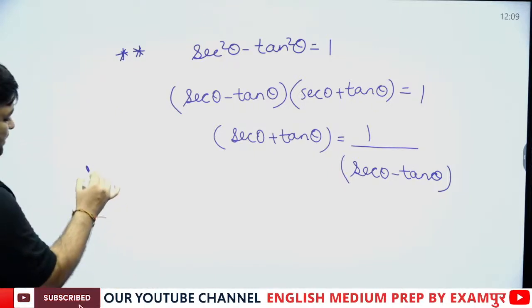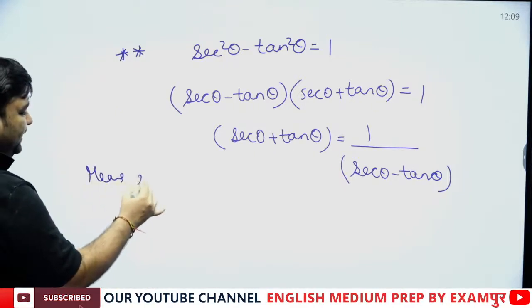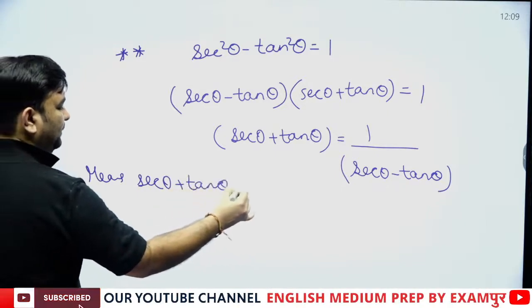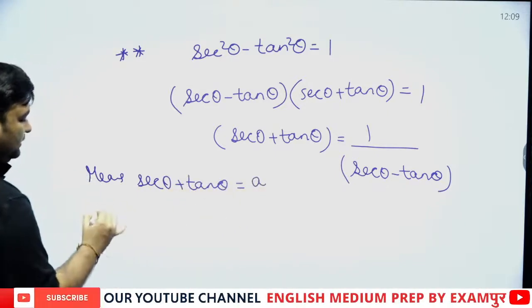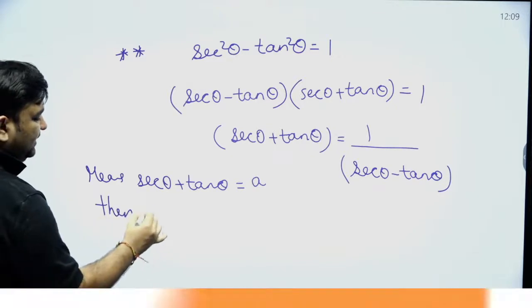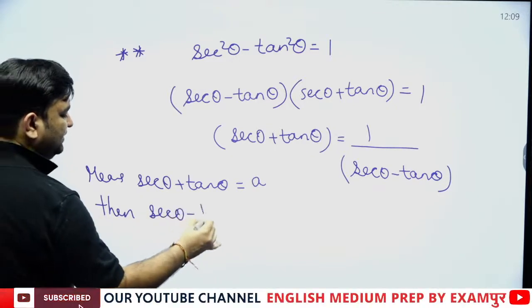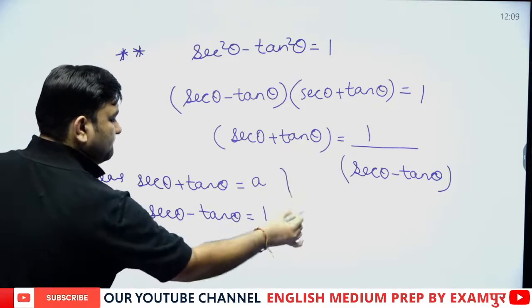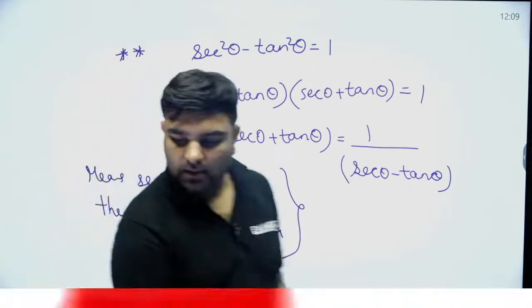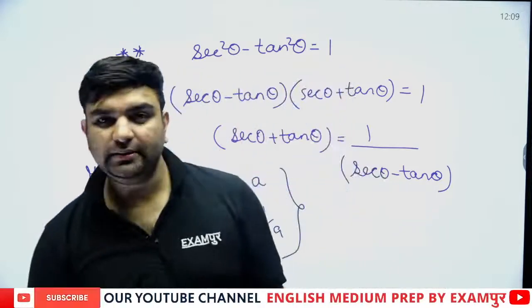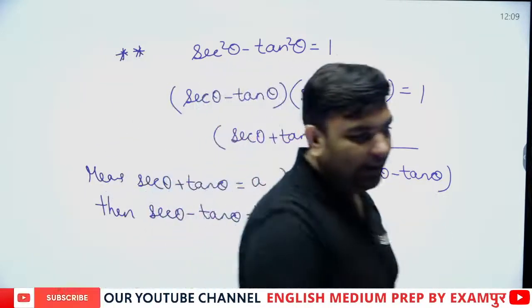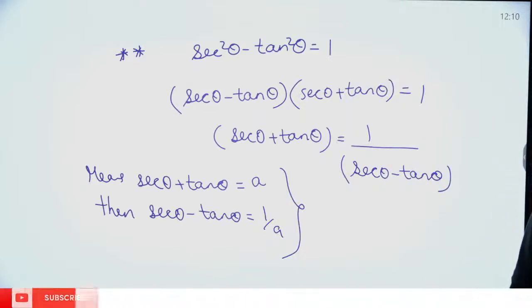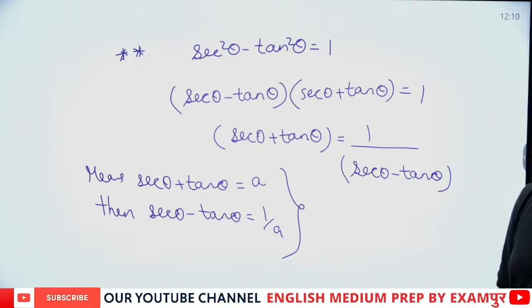Means if sec theta plus tan theta is given as A, then sec theta minus tan theta will become 1 by A. Got it?